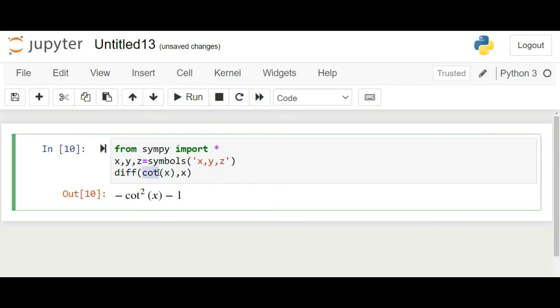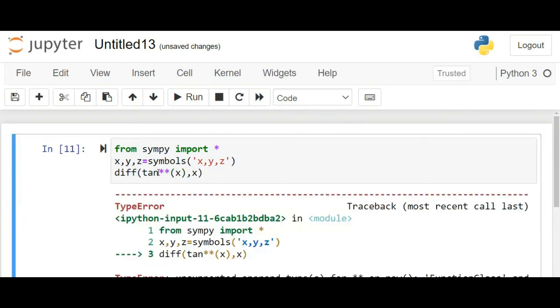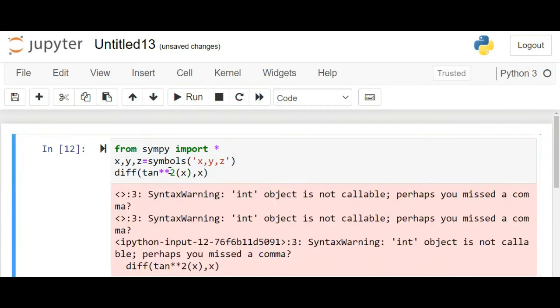And we can change many functions. For example, if I write tan square of x with respect to x, then we get the derivative of tan square of x.